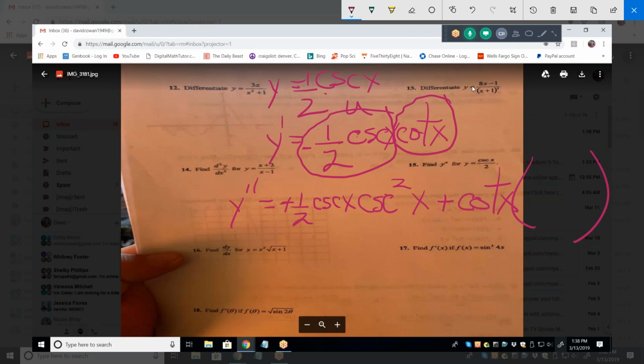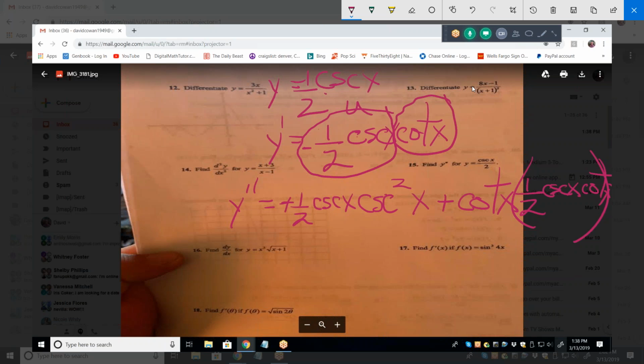And the negative is actually going to change to positive. So our very leading term in all cases is now going to be positive. Okay. So I've got 1/2 cosecant x cotangent x.